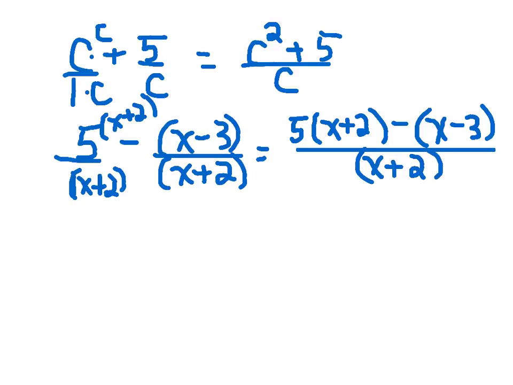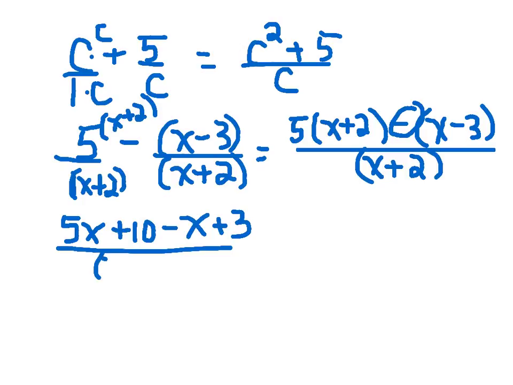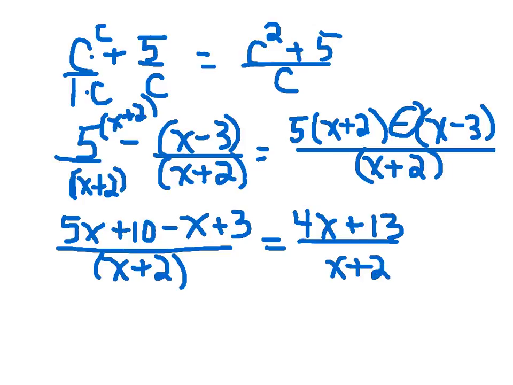And just a reminder, I cannot cancel the x plus 2's at this point because of this spare negative minus sign that's not a part of a polynomial. Instead, I will simplify. 5x plus 10 minus x plus 3 over x plus 2. And that gives me 4x plus 13 over x plus 2. Again, those are all complete polynomials. There's no way to simplify and reduce.